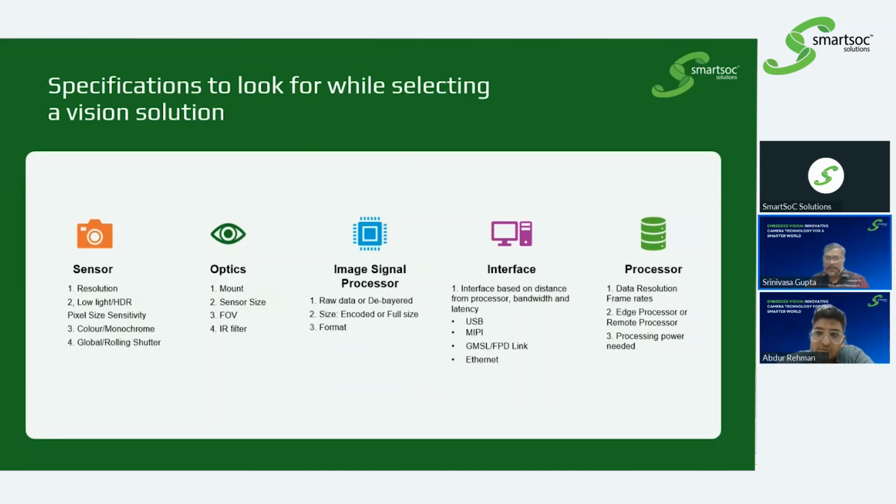There are also various light conditions. Some applications need to observe daylight as well as night light, under different seasons and other conditions, so a different sensor needs to be used. And also dynamic range, high resolution, whatever range you are looking at. These are the aspects we need to see for selecting the sensor.